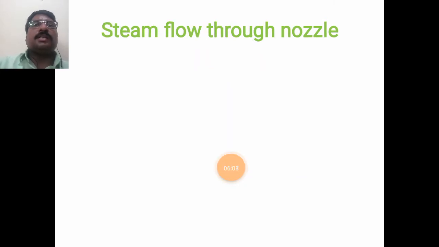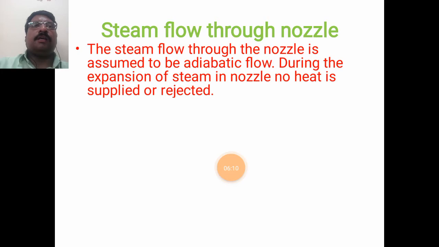So next, steam flow through the nozzle. The flow through the nozzle is assumed to be an adiabatic flow. What does adiabatic flow mean? There is no loss of heat energy.